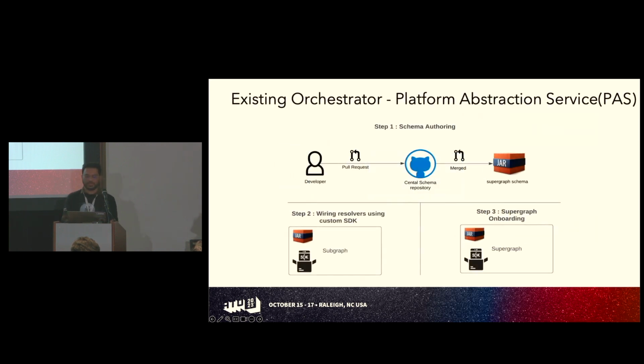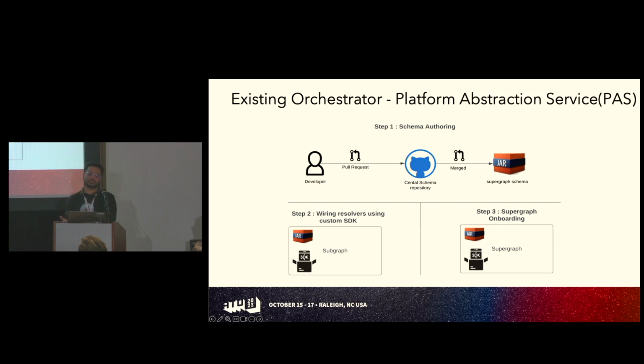When we had that problem, we already had an existing orchestrator, and this is how a high-level registration process looked like in the existing orchestrator called Platform Abstraction Service. We had a central repository which was defining schema in YAML, not GraphQL, and then that schema got packaged into a jar, which is a schema jar.